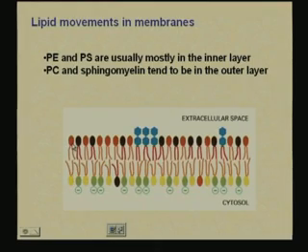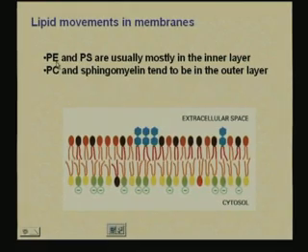Now, that means what do we have? We have different polar head groups. The green, the yellow, the blue and the black are the different polar head groups, and the chains are also going to be different depending on the type of fatty acid that we have. Phosphatidyl ethanolamine, that is PE, and phosphatidyl serine are usually in the inner layer.